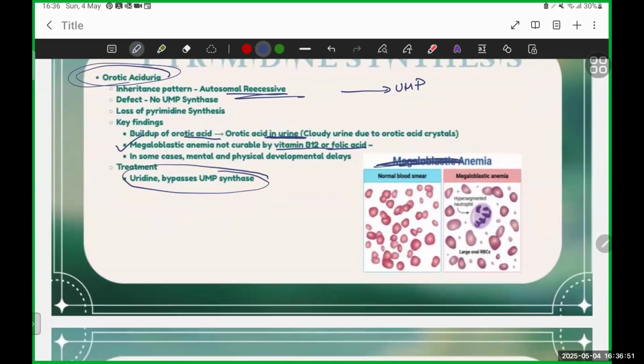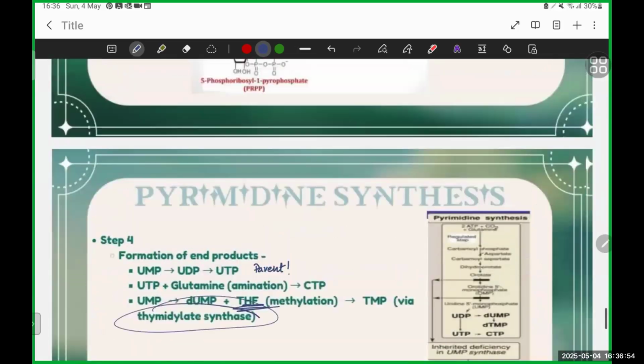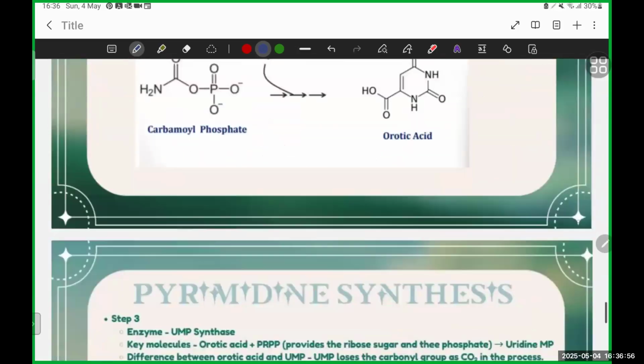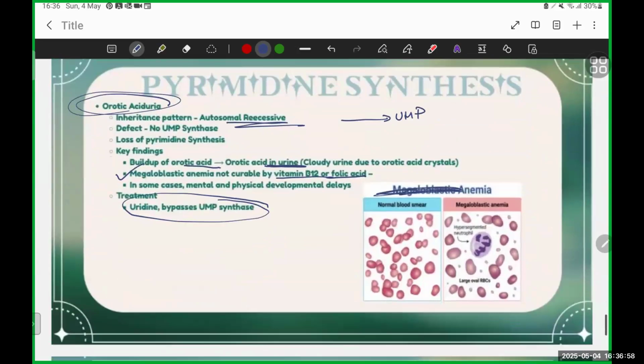Treatment is uridine. Let me go back there. If I need UMP synthase to form UMP, and UMP synthase is not working and I have no UMP, what am I gonna do? I'm just gonna give the person uridine.